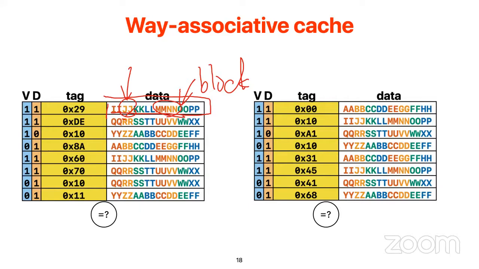And block means that I am going to store consecutive data elements within a cache. So in this way, the cache can help us to exploit the spatial locality, as we just mentioned.